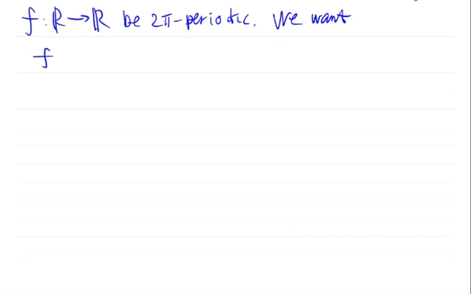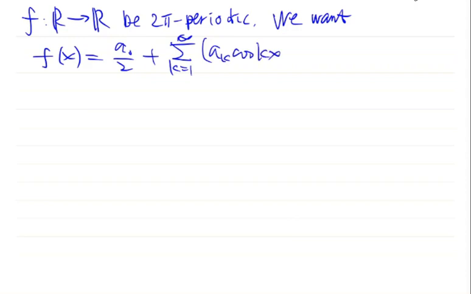That is, f(x) equals the series of sine and cosine terms. Okay, this is our purpose. Here, a_k and b_k are real numbers, the coefficients.